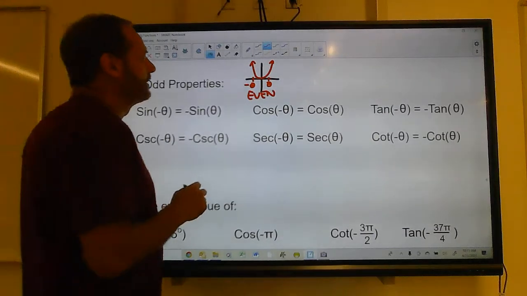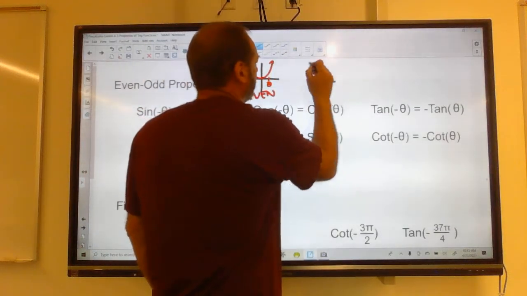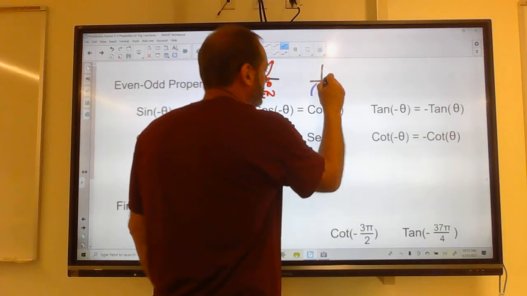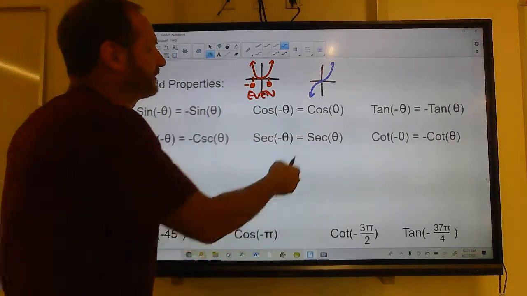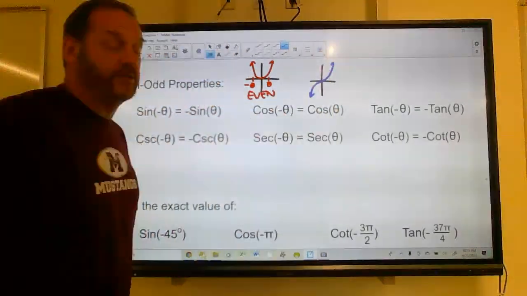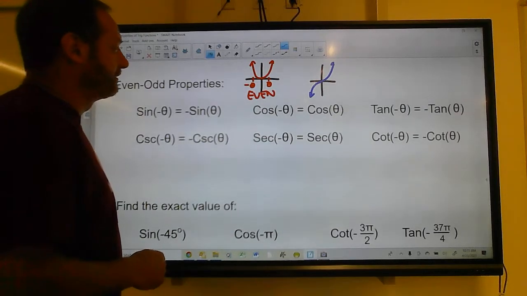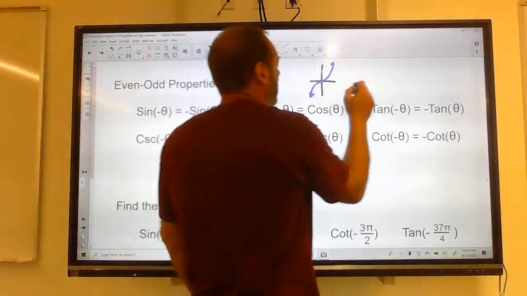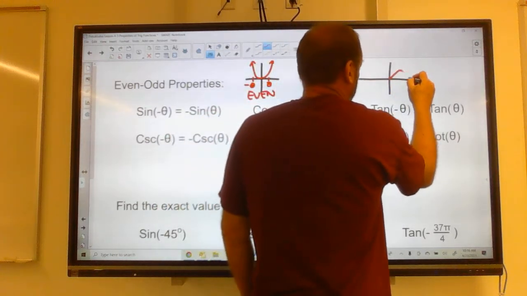Now, odd functions, if you remember, are symmetric to the origin, like x cubed. If I took this and rotated it 180 degrees, I get the same thing. Well, sine is an odd function. If you look at it, it looks like this.